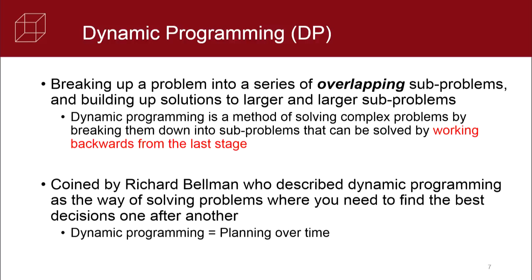And in the dynamic programming model, here is the original problem. You try to break the problem into a series of overlapping subproblems. That means a subproblem contains a smaller subproblem, and this smaller subproblem contains an even smaller problem, and so on.